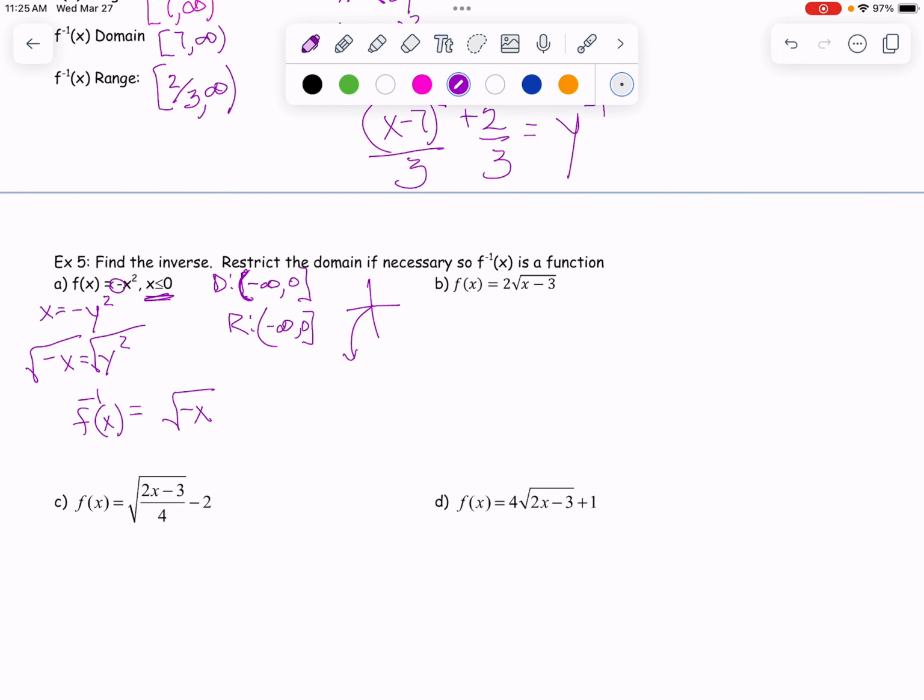So this, I would need to restrict the domain. I'm going to be looking at x is greater than or equal to 3. So you're going to switch. Right now, my domain is x is greater than or equal to 3. So this is going to be divided by 2.